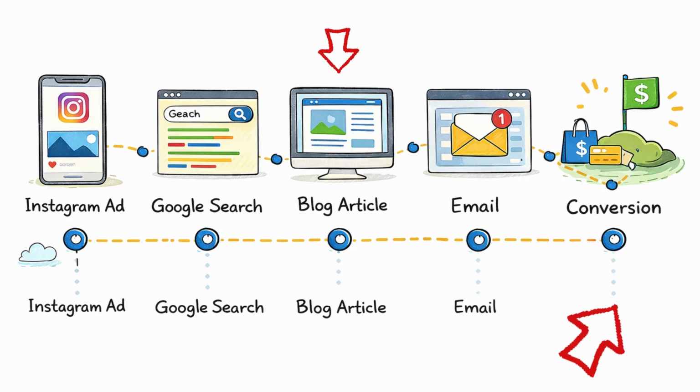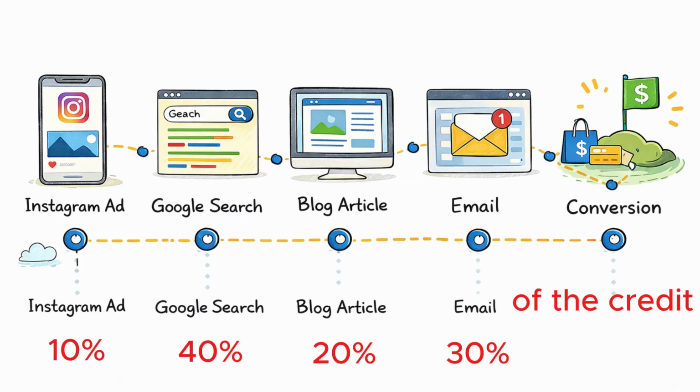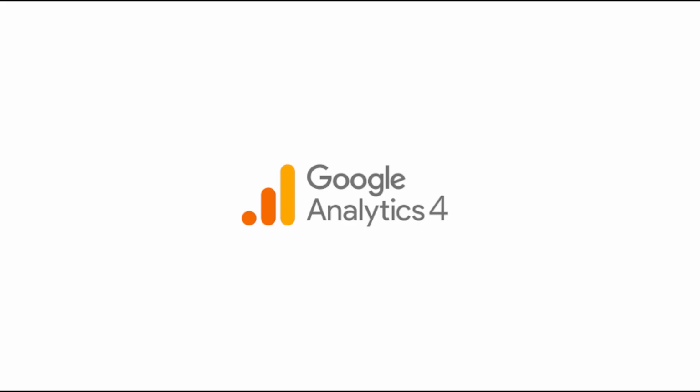For example, maybe users who read your blog convert much more often. Or maybe email campaigns work best after someone visits your website. The system then distributes credit based on actual data patterns. That's why it's called data-driven attribution. And today, it's widely recommended by platforms like Google Analytics 4.